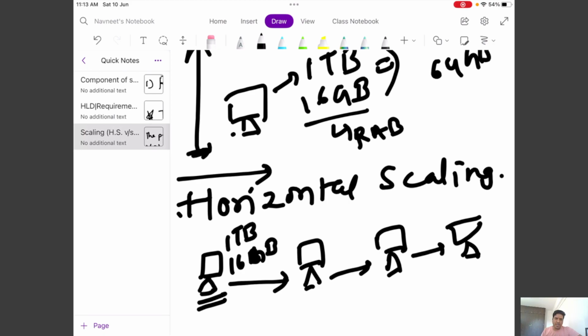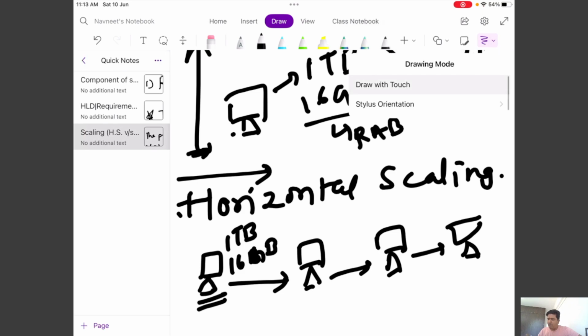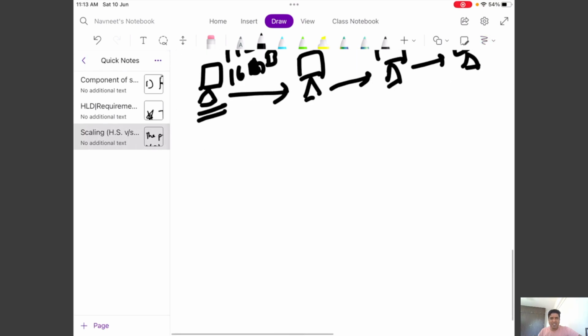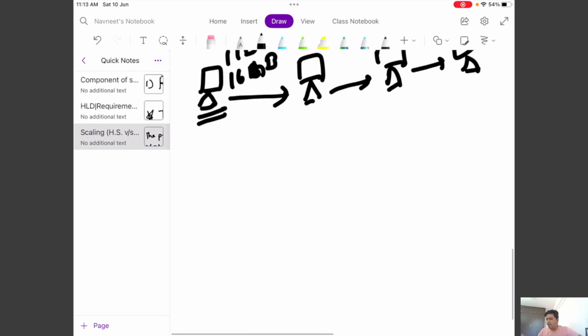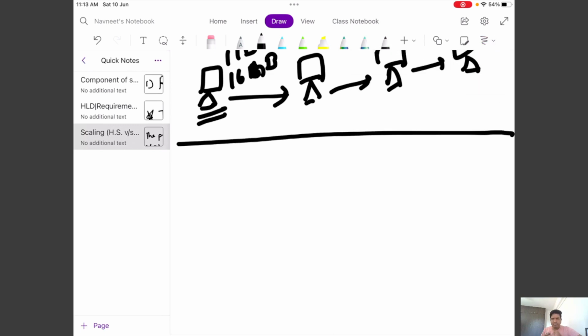We are not increasing the capacity of one system, we are increasing the number of systems. That way also we can handle large data. Basically, scaling is needed to handle a large amount of data, not small data. So this is basically the definition. Now we will learn about the difference.